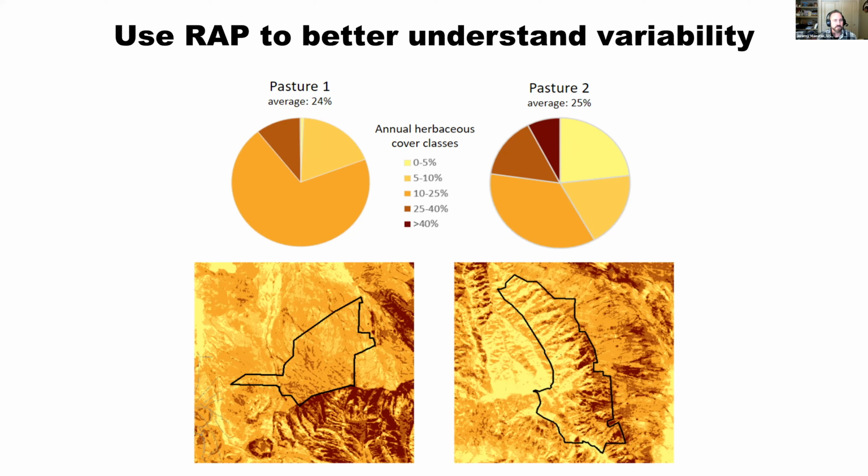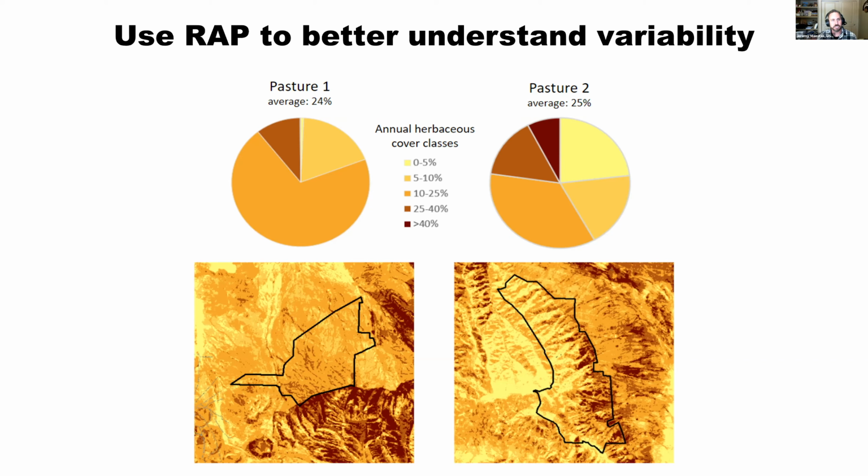About 24, 25%. But you can see in the visuals that that cover is distributed very differently across the landscape. And of course, anybody familiar with rangelands knows this, right? You walk the land and you know this aspect has different cover than that aspect. And so remote sensing data helps us fill in those gaps.